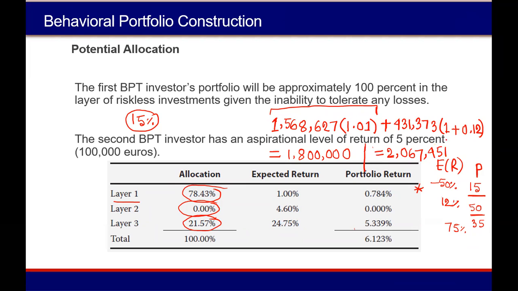This amount. If there's a 50% probability, and if these things happen, in that case, there will be 12% return.